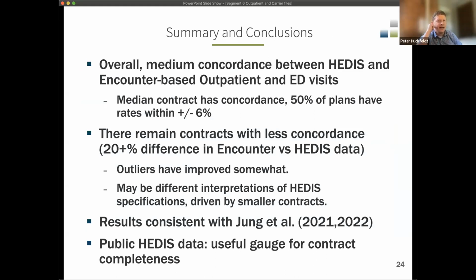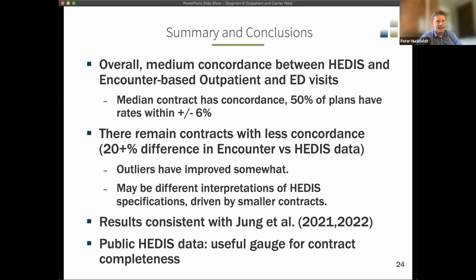I would describe our findings as medium concordance between HEDIS and encounter-based outpatient and ED visit rates across contracts. So the median contract is showing pretty good concordance, and 50% of contracts have a ratio within plus or minus 6% of one.